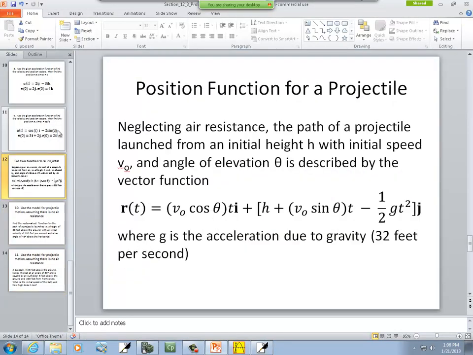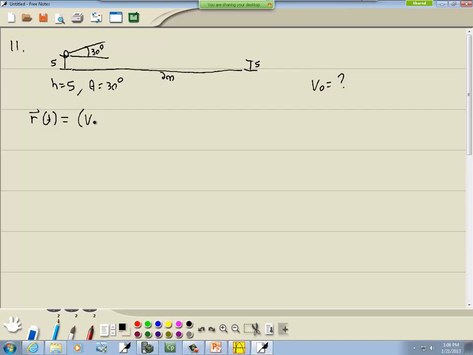So r of t is equal to v naught cosine theta t i plus h plus v naught sine theta t minus 1/2 g t squared j. Okay, now position vector, what that indicates is your x and y component. Well, this is our x, it's out 200. And our y is the height here, which is 5.